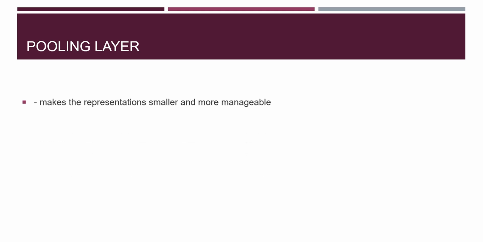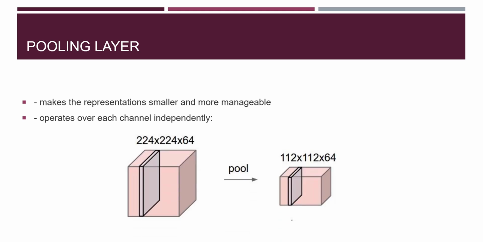Basically, a pooling layer makes the representations formed by the convolutional layer smaller and more manageable. So they help to reduce the computation time of a neural network by reducing the representation size, and they operate over each channel independently. So they are performed channel wise at each layer.